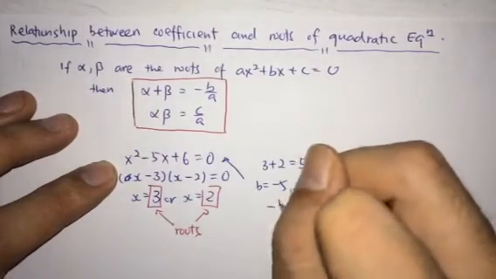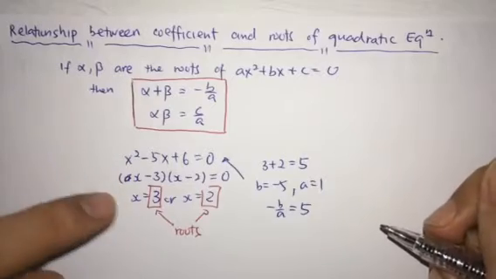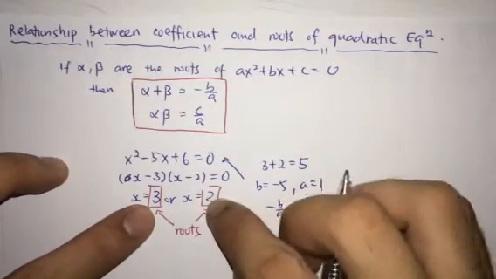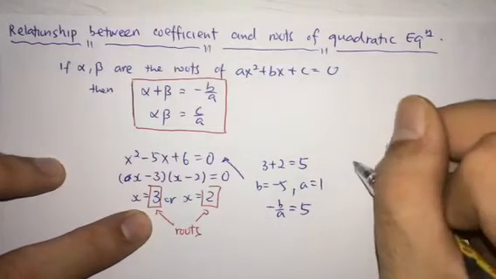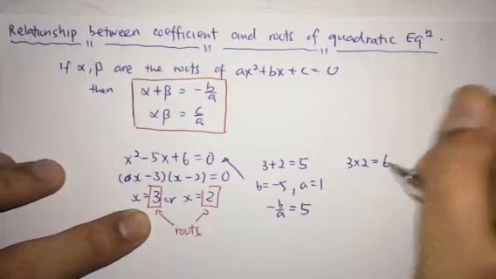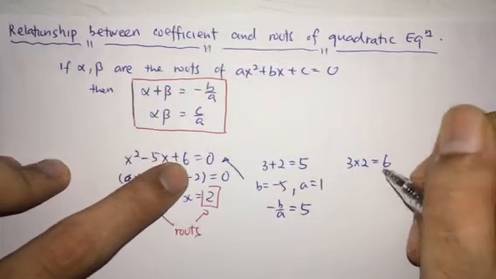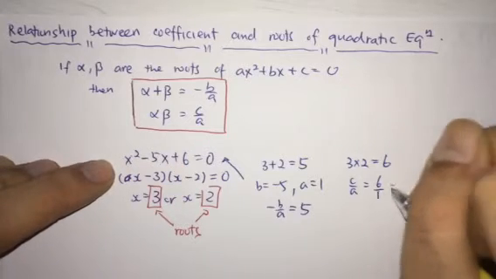So if we take minus b over a, we also get 5. That's what they are trying to explain here: the relation between the roots and the coefficients. Similarly, if we take the product of these two roots, 3 times 2, we get 6. And looking at this equation, c over a is 6 over 1, which is the same.